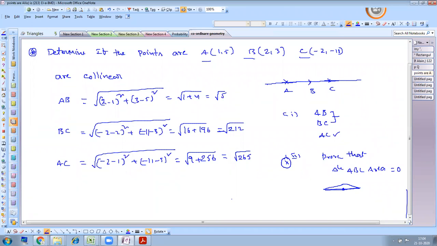Did we make any mistake anywhere? We need to get a perfect square, then only it will be easy to calculate. At least multiples of 5 we need to get.